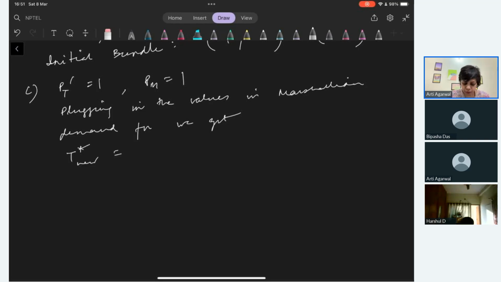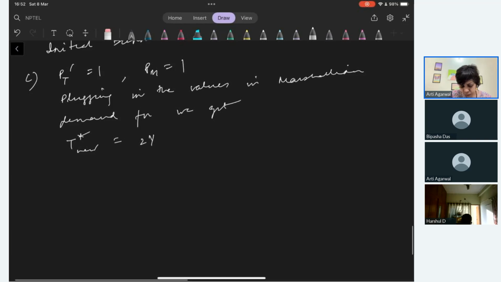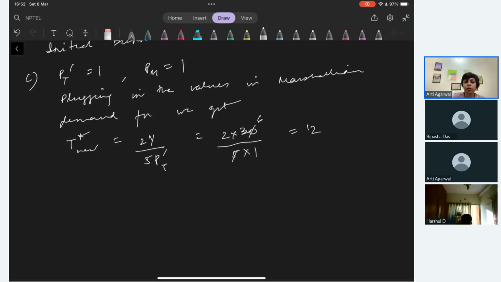It comes out to be 2Y by 5 PT prime. 2 into 30, 5 into 1. This is 6. The new consumption of T is 12. That's the final consumption.